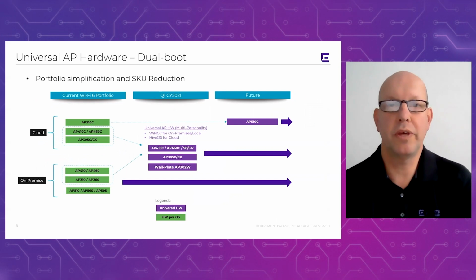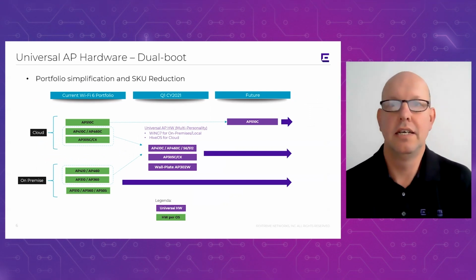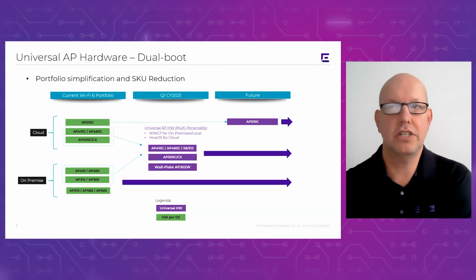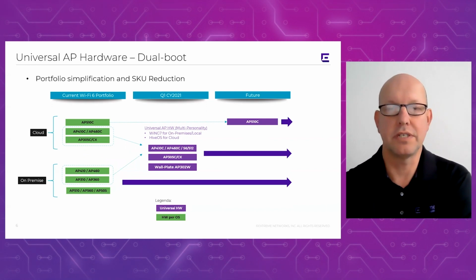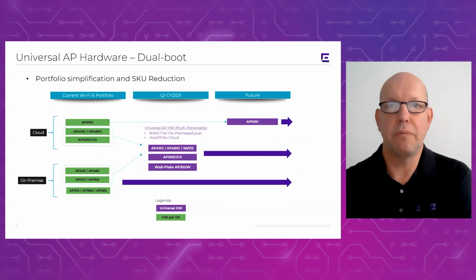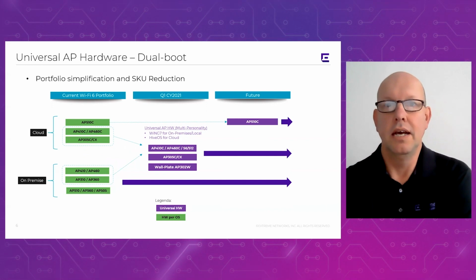Universal hardware comes with multiple personalities. Some say it's dual boot and some say it's triple boot. So let's say there are two ways of selecting operating systems: either Hive OS, or Wing 7, which knows the modes to operate in, a centralized mode or a distributed mode.